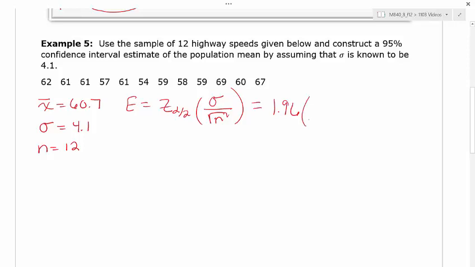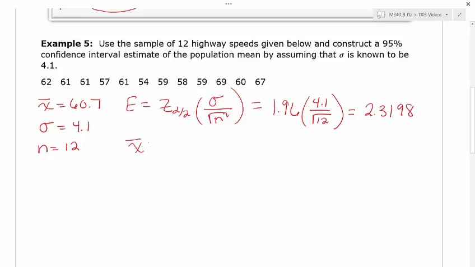And then we're going to be multiplying by our population standard deviation, which is 4.1, and then divide by the square root of n, and n was 12. So when you plug this into your calculator, you should get 2.3198.